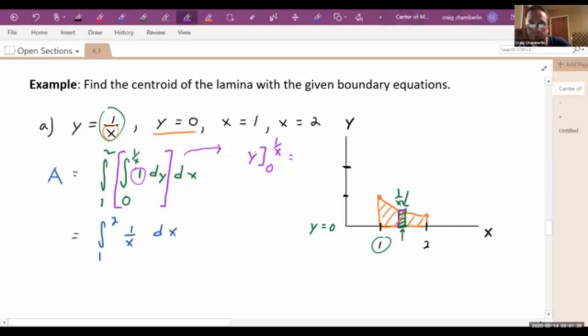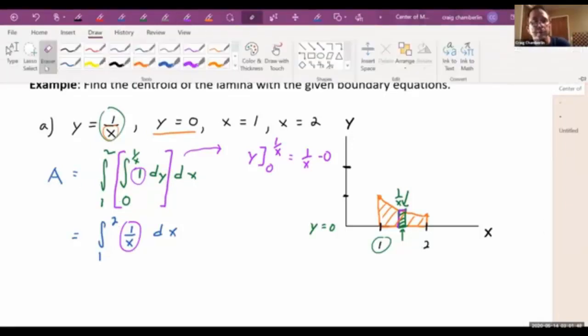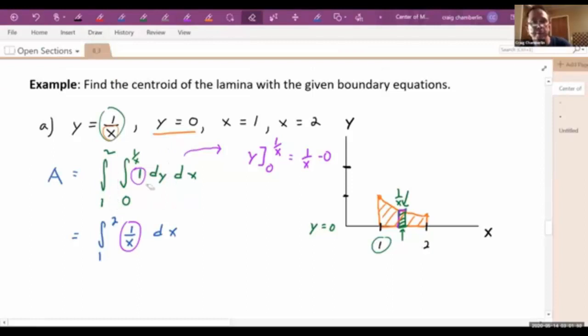If you apply the fundamental theorem, you get 1 over x plugged in for y, minus 0, and that's the integrand for your outer integral. But you already knew that from your experience in chapter 6. Again, the real power of the double integral is going to come in handy later on in the problem, not right now.